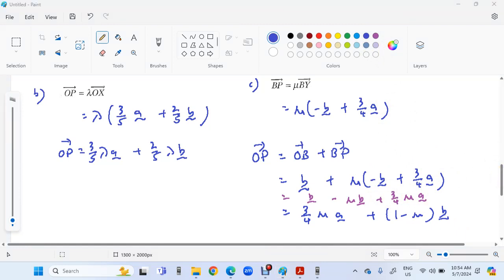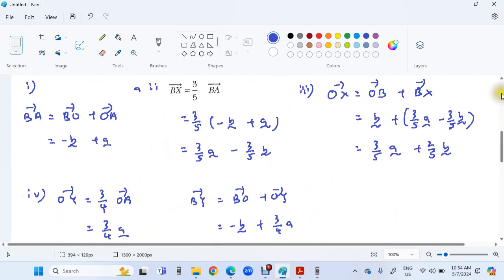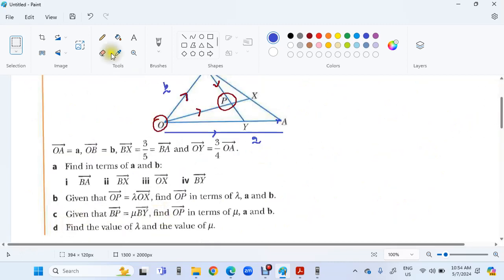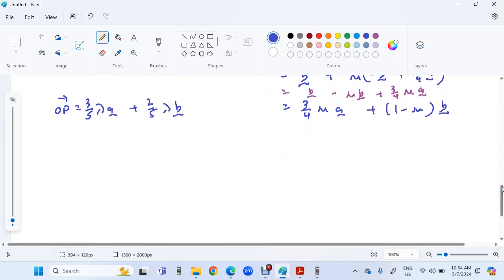So at part C and part D, we both find OP. We compare the OP here, then we can solve part D, that is the values of lambda and mu. We compare the coefficient of A. We have 3 over 5 lambda equals 3 over 4 mu.